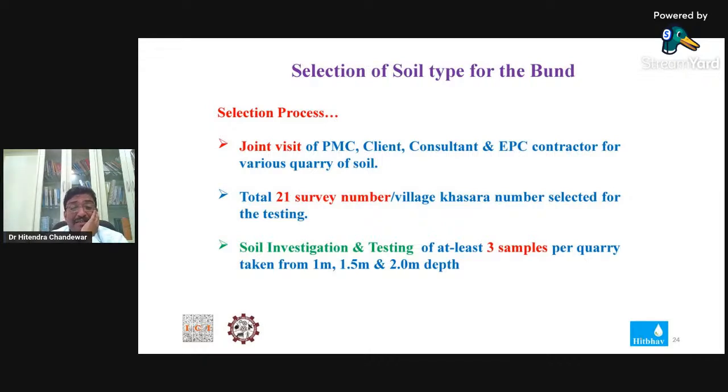We have finalized 21 survey numbers from the village Khasra numbers selected for testing, and from each survey number we have sent at least three samples per quarry, taken from the depth of 1 meter, 1.5 meter, and 2 meter, because the soil testing here is a critical job, and the selection of proper soil for the embankment is a very critical job for the reservoir. So that is how intensively we did the geotechnical investigation from the probable quarries.